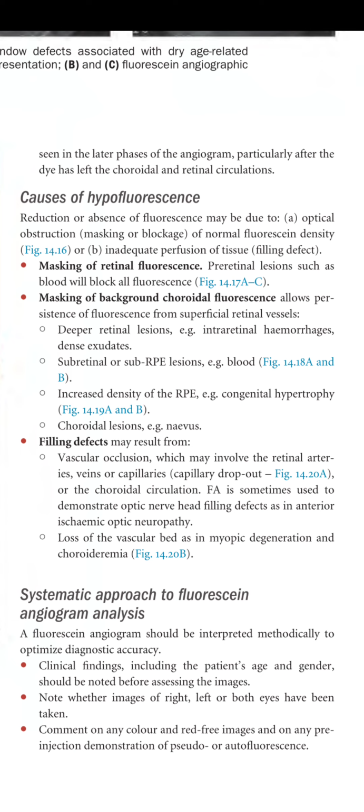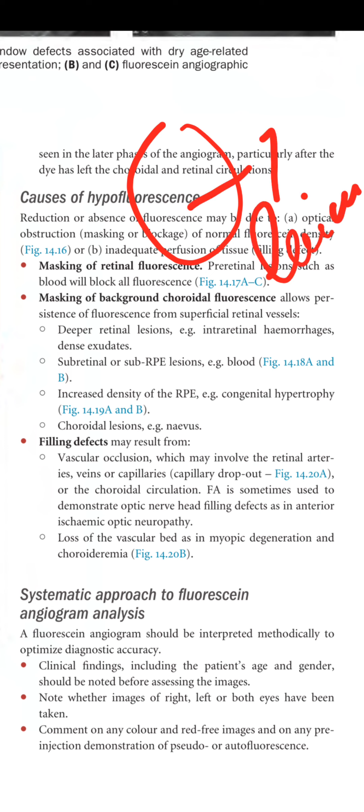It also occurs when there is an increased density of RPE, like congenital hypertrophy, or a choroidal lesion, for example a nevus. So whenever there is a lesion that obstructs the view of that area, it causes hypofluorescence.